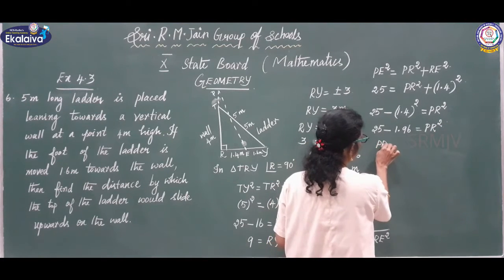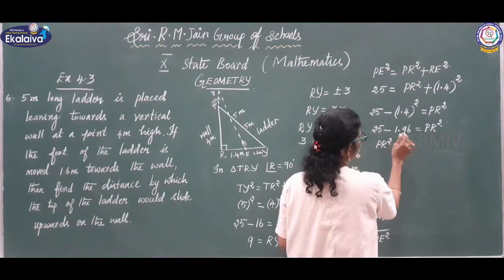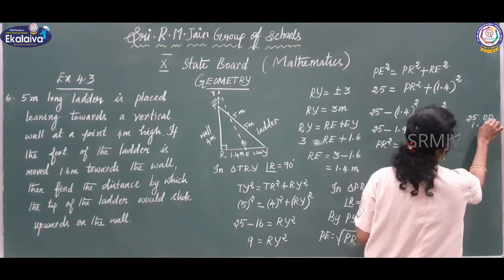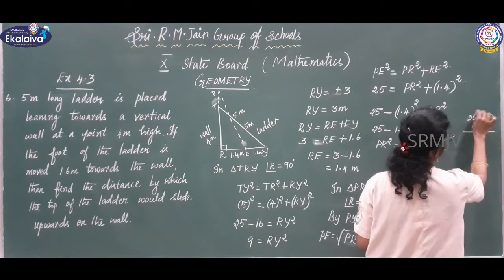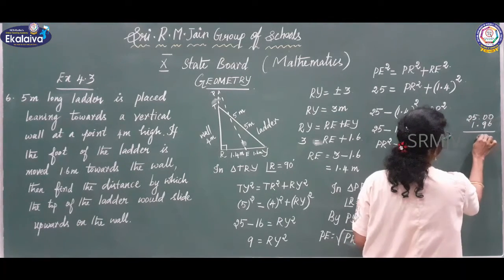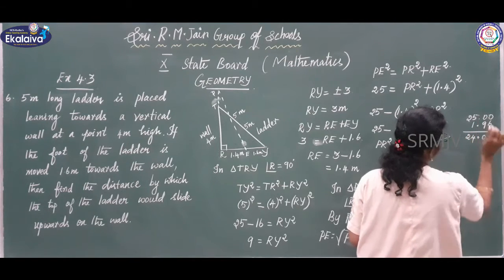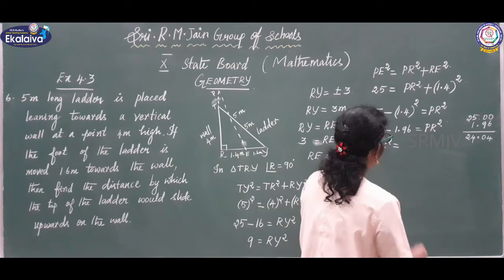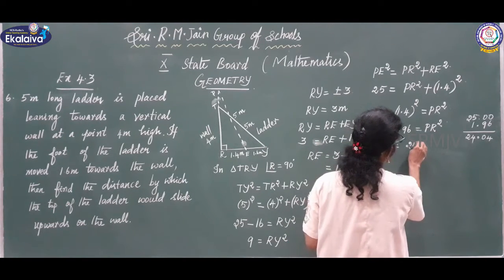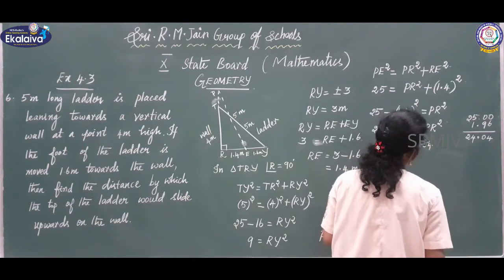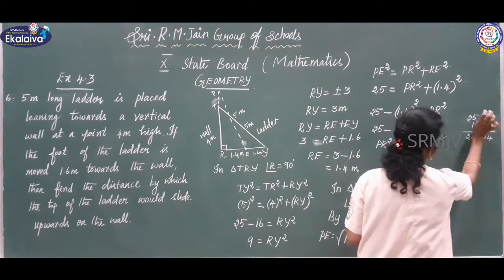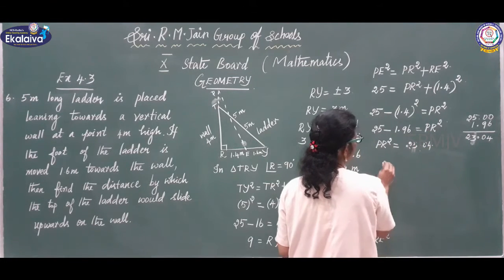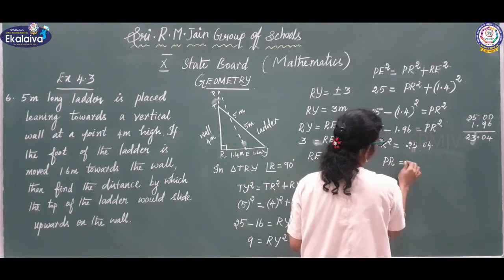Now, PR square equals 25.00 minus 1.96. So PR square equals 23.04, sorry children, 23.04.